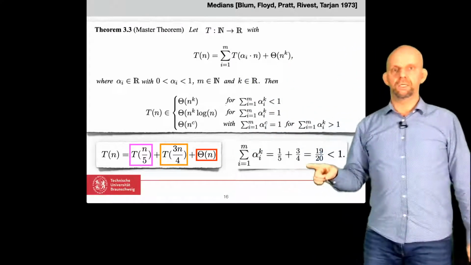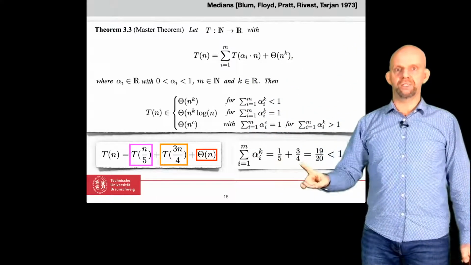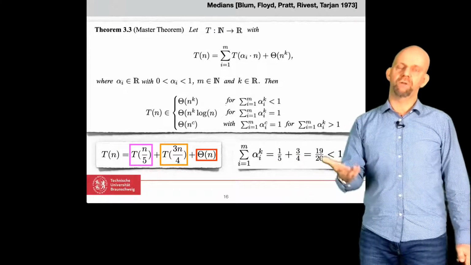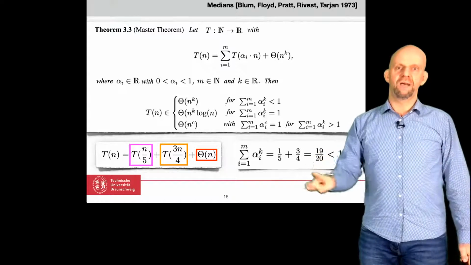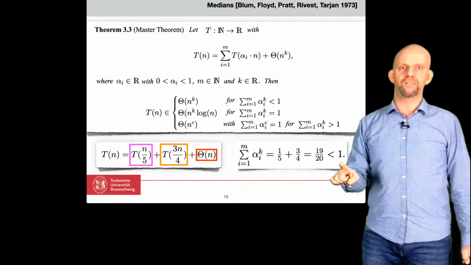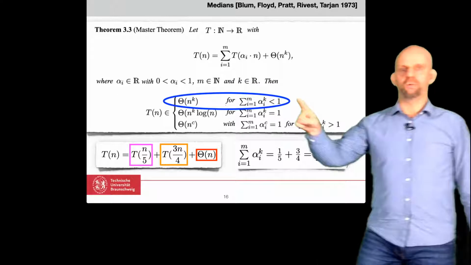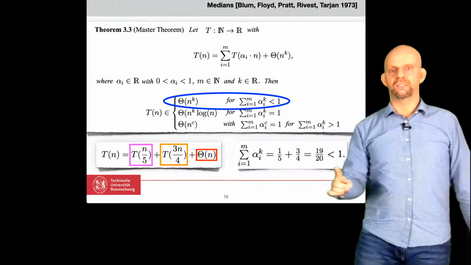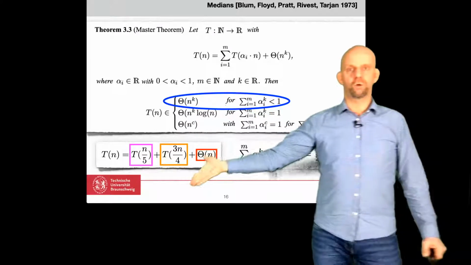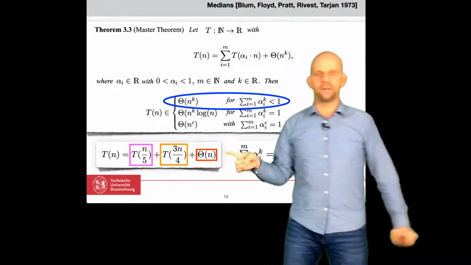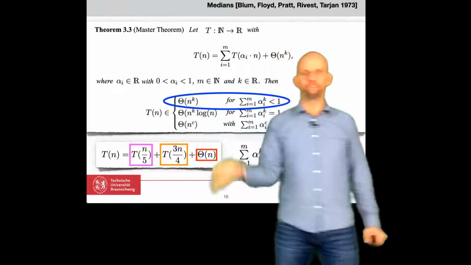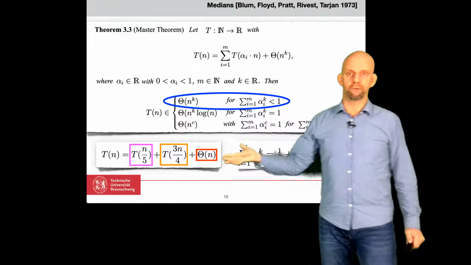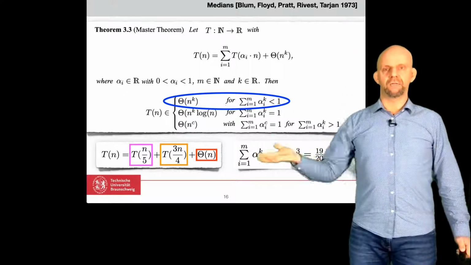So you have 1 over 5 plus 3/4, that's 0.2 and that's 0.75, that's a total of 0.95, 19 over 20, which is wonderful, because we're in the case here of less than 1. And that means the total runtime for this algorithm works out to being linear. And you see that from this master theorem easily by doing the right kind of recursion.